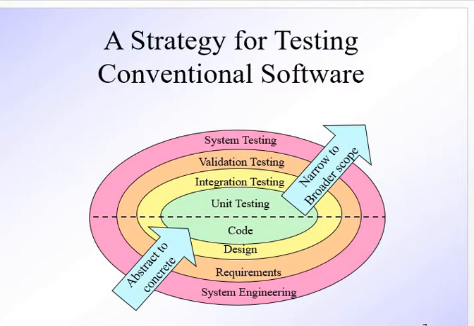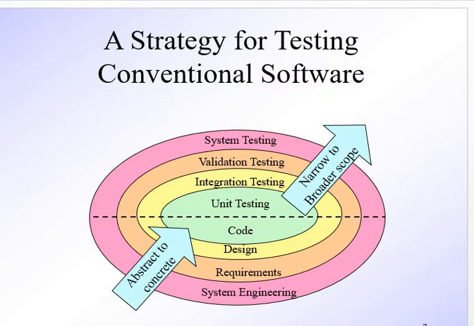So this is the whole diagram of the software testing strategy for testing conventional software. We have seen system engineering, requirements, design and code. After the code comes unit testing, integration testing, validation testing and system testing. These are the different types of testing we will study today: unit testing, integration testing, validation testing as well as system testing.